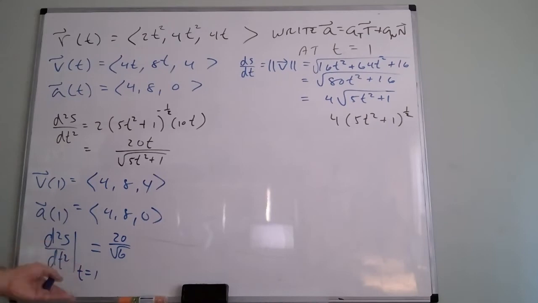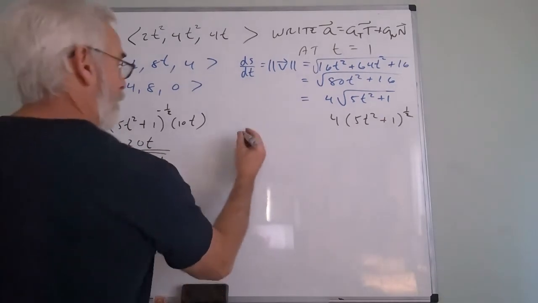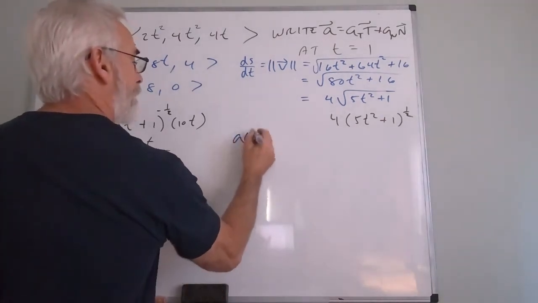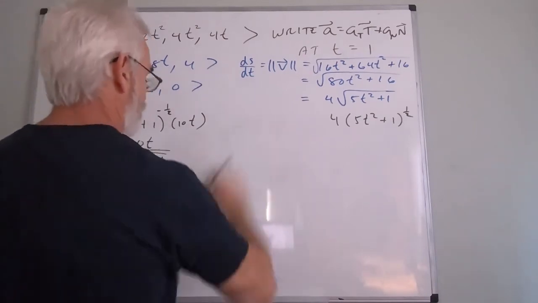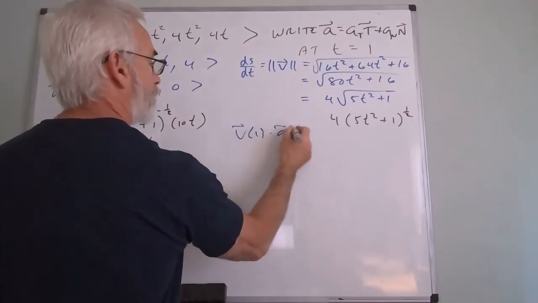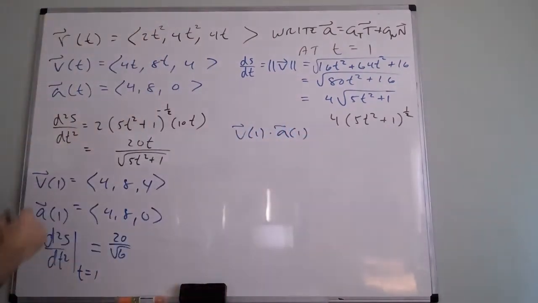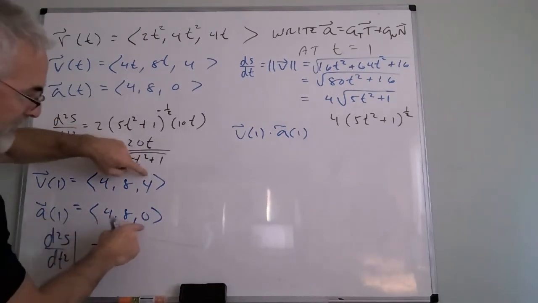Okay. Now that I can do something with that, I'm going to leave it alone. So now what we want to do is a of 1 dotted with, or actually I'll write v, sorry, it doesn't matter, it's a dot product. I'm going to write v first. v of 1 dotted with a of 1 is what? 16 plus 64 plus 0.